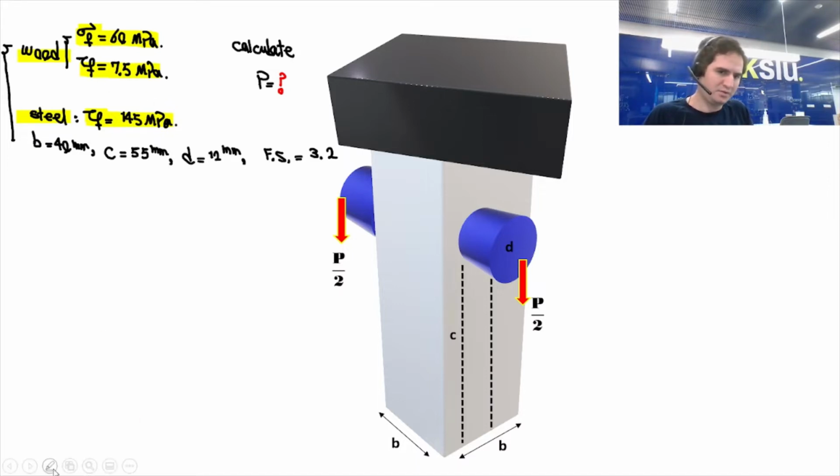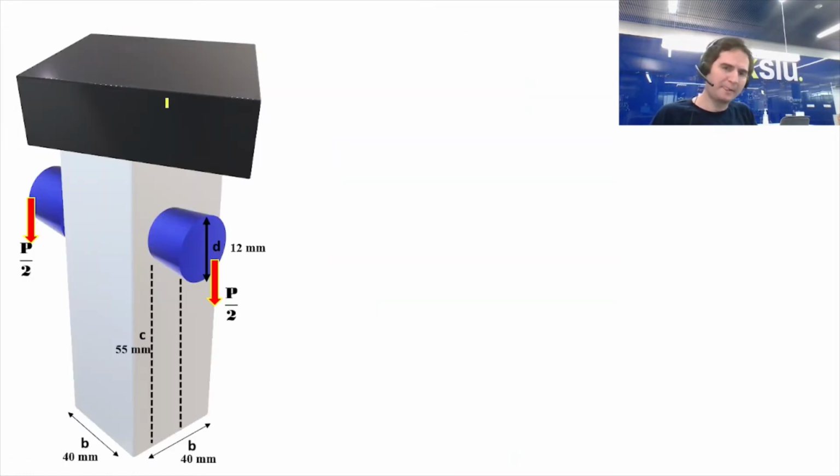By a single comparison, you can see how steel is far stronger than wood in shear. We also have the dimensions B, C, the diameter of the pin, and the factor of safety. We need to calculate the design P force. Let's break it into pieces to see how it goes.